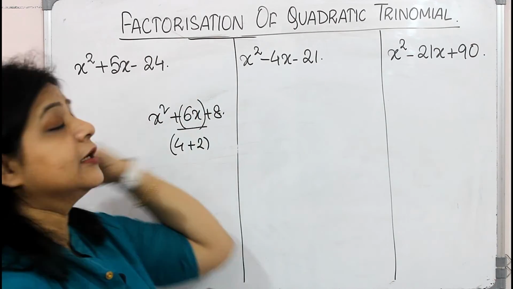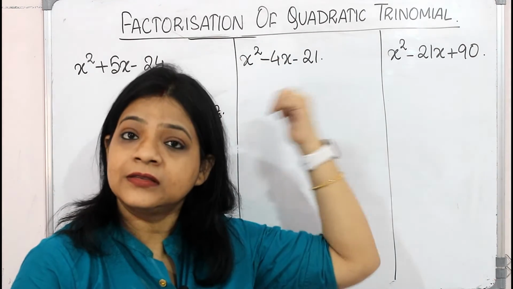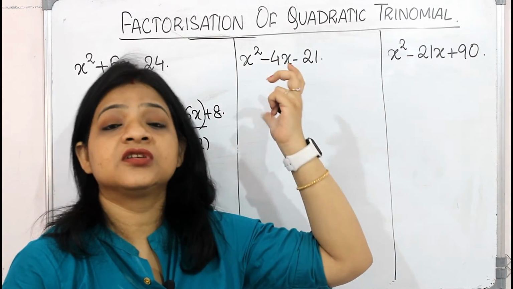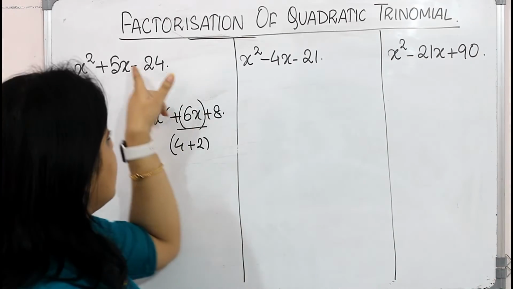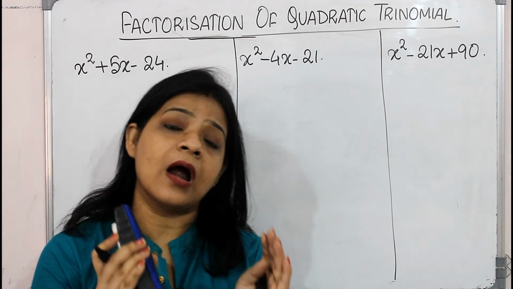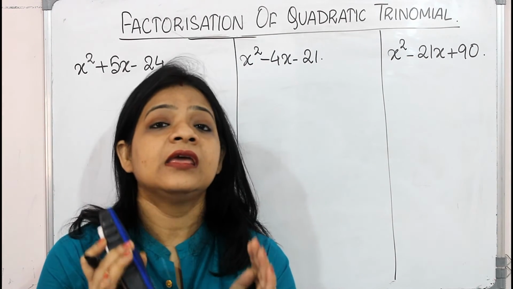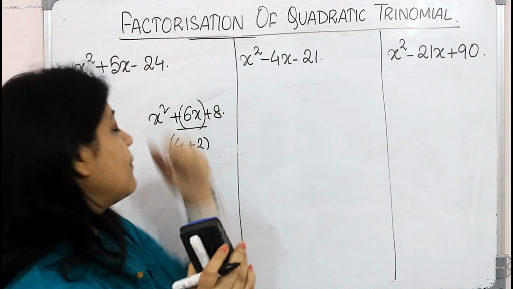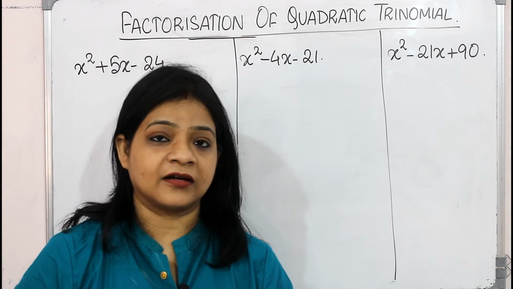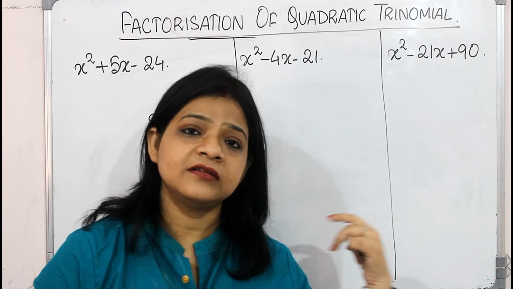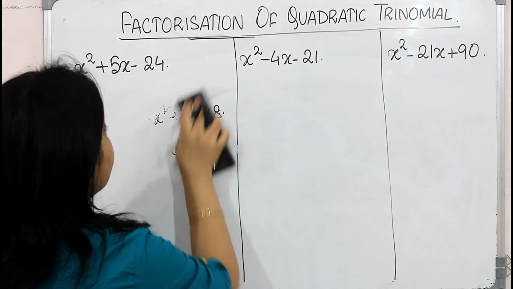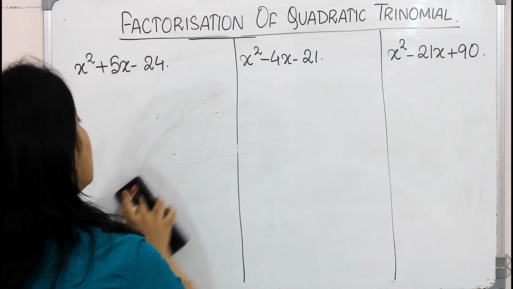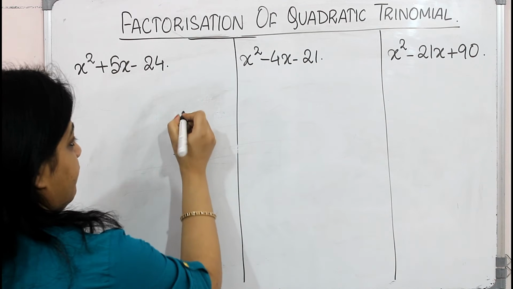Because before the third term, 24, a negative sign is there. So you are to express the middle term as the difference of the factors of 24. So how is it done? Let's see. First and foremost, we have to factorize 24.